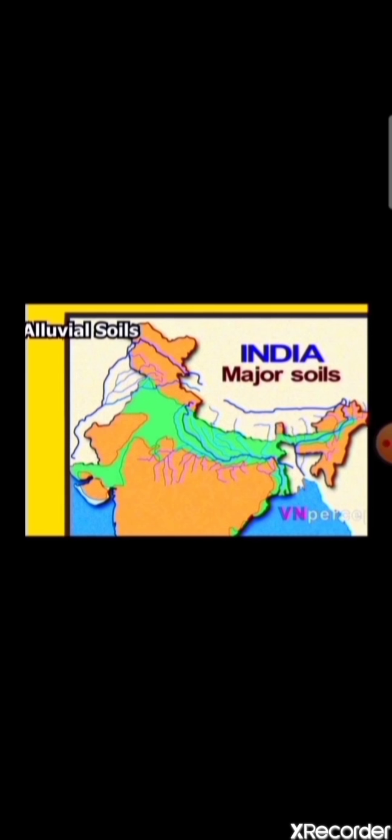Alluvial soil is the most widely spread and important soil of India. As you have read in your previous class, the northern plain is formed by the alluvial soil. This soil is formed due to the deposition of the sediments brought by the 3 major Himalayan rivers, and these are Indus, Ganga, Brahmaputra, and their tributaries.